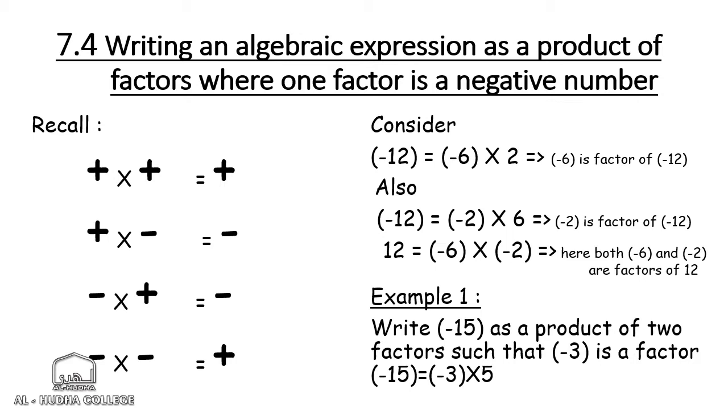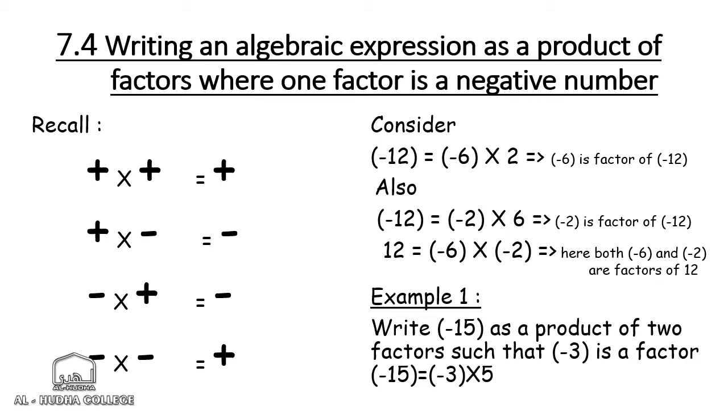While multiplying two plus values, that means plus into plus, you get a plus value. While multiplying a plus value and a minus value, the answer will be a negative value.